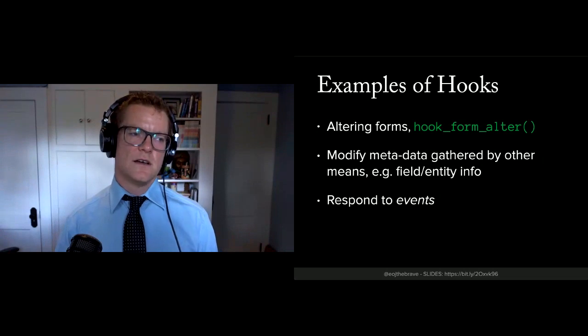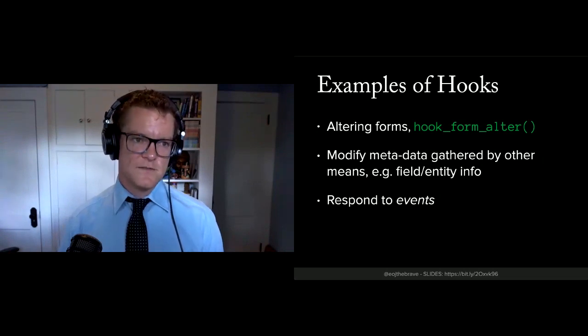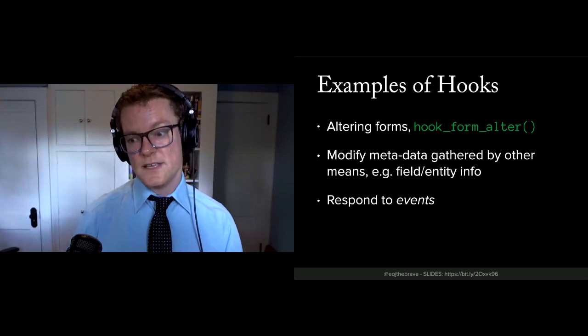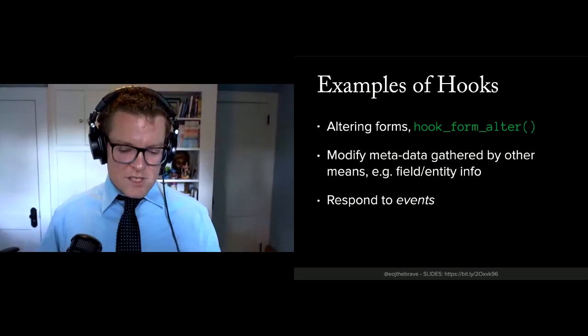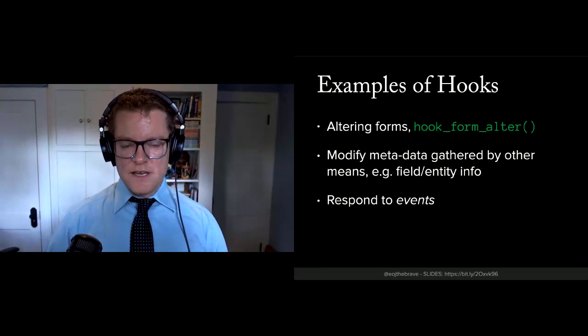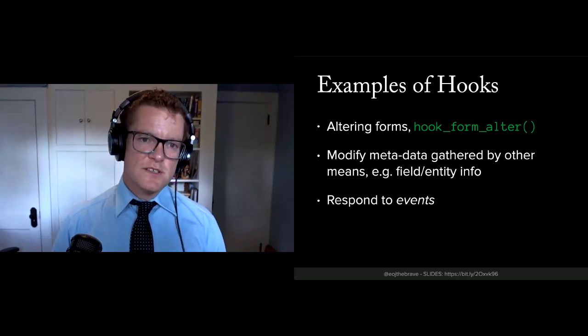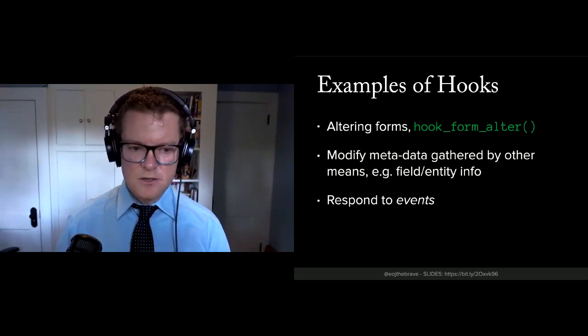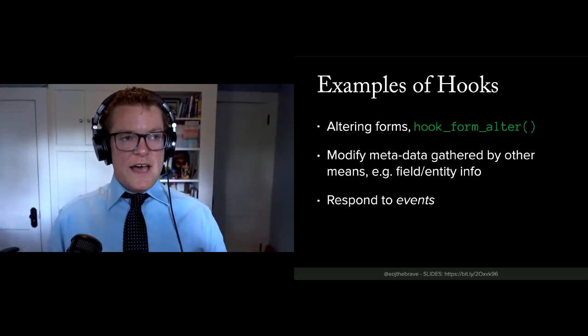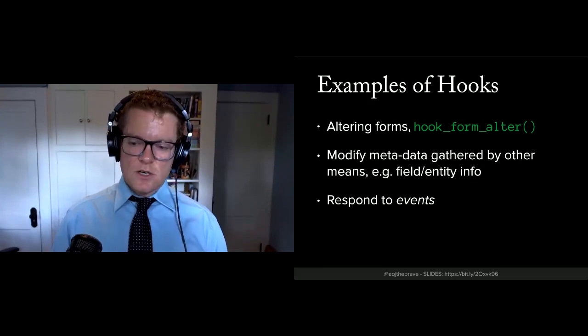A lot of metadata about entities is defined as annotations because entity types are plugins. After the plugin manager gets a list of all that metadata, some of which might point to, for example, the class that you should use when you instantiate a new node, that list of information can be passed on to a hook, which could alter it.